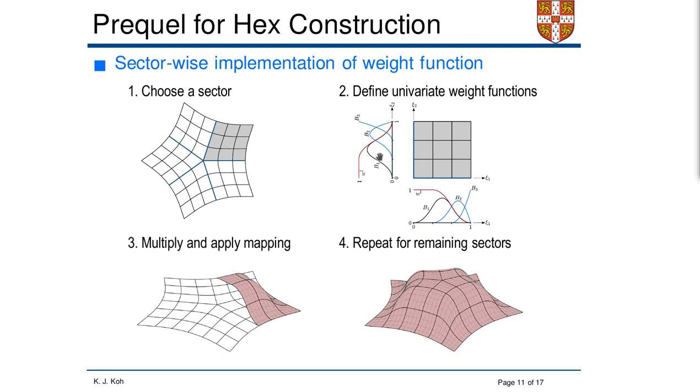Then we multiply these univariate wave functions, apply the geometric mapping, and repeat for all the remaining sectors. We end up with the same wave function WQ that we have seen earlier. So this technique is really useful to help us think how to define wave functions on a hex mesh.